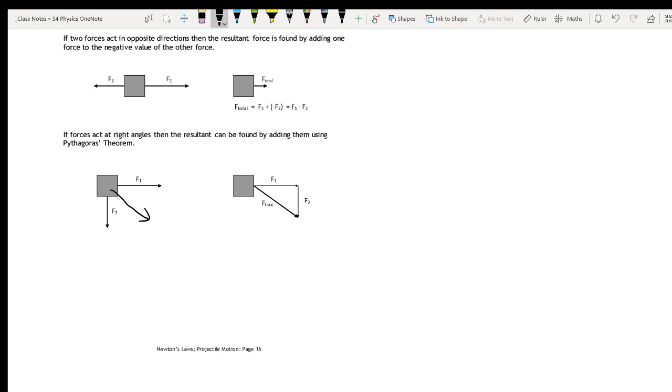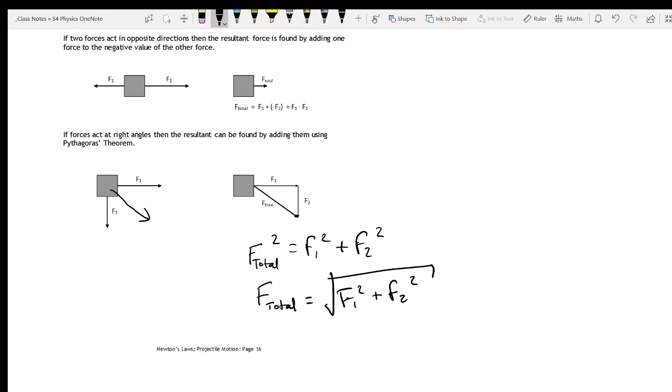If you want to find F total, it'd be F total squared equals F1 squared plus F2 squared. Is that ringing any bells? Pythagoras' theorem. So the total would be the square root of F1 squared plus F2 squared. You might need to do this for some of the questions.